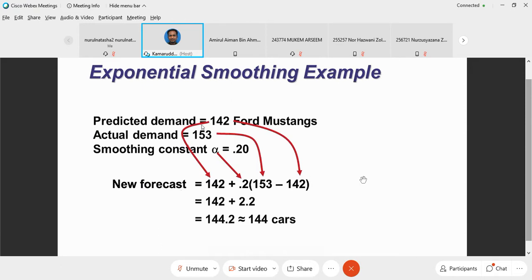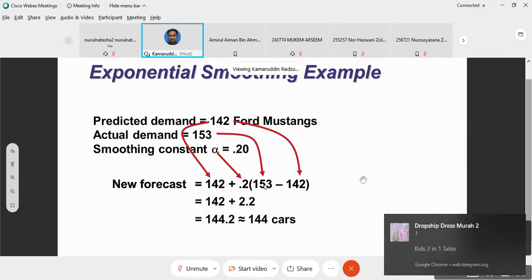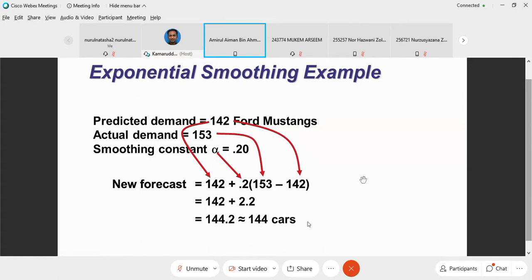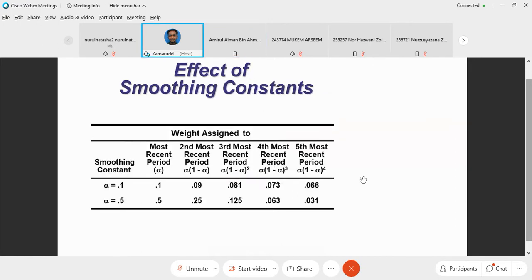We need this information included in the formula of exponential smoothing: 142 plus 0.2 multiplied by actual demand minus forecast demand in the previous month. So we get 144.2, or we round it to 144. This is the formula and how exponential smoothing calculates the forecast for the next coming month.